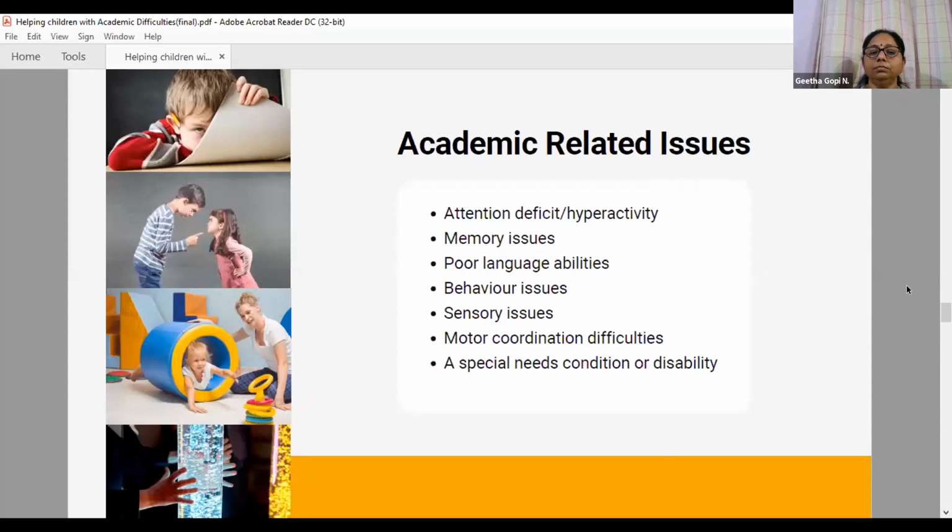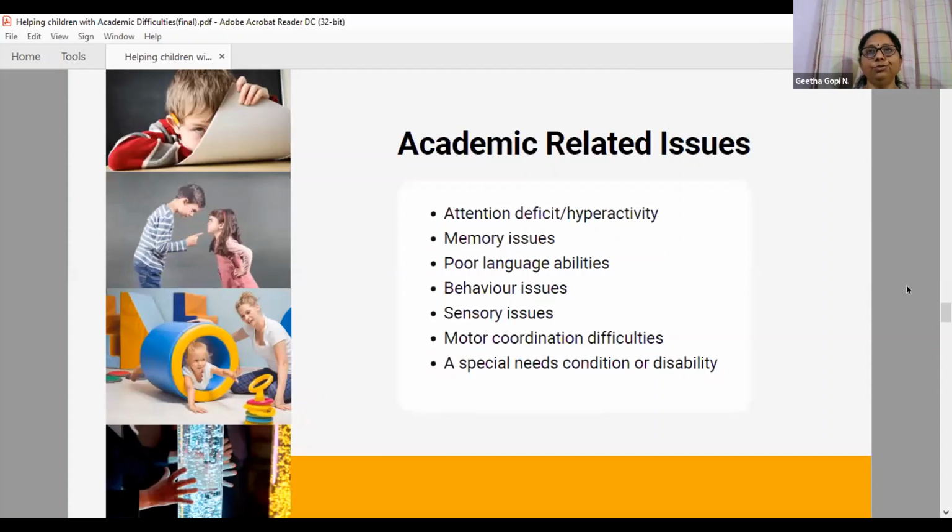All these, or some of these, may be present in different amounts or varying degrees in different children. Sometimes you already have a child who has had a diagnostic condition, that is a special needs condition or an established disability.